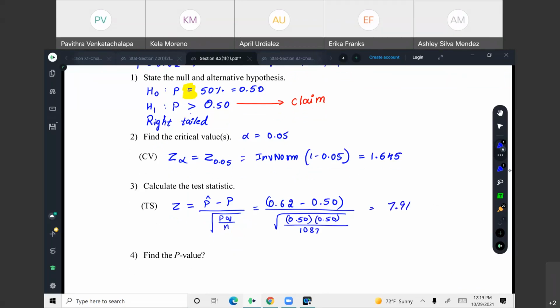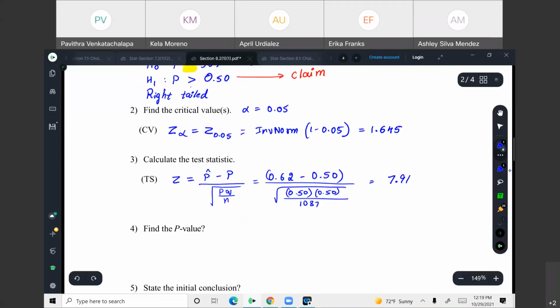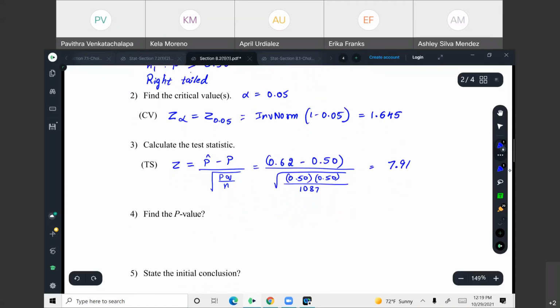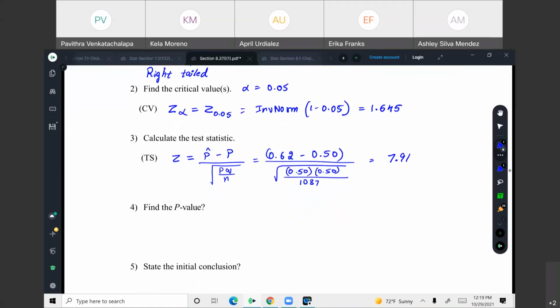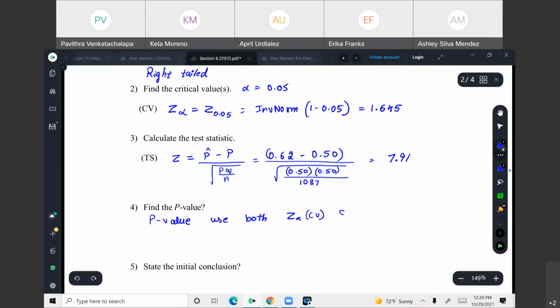Okay. So now that we have Z alpha and Z, we will calculate the P value. So I want you to use both the Z values and find out the P value. I want you to tell me the answer. Use both Z: Z alpha, CV, and Z test statistic.